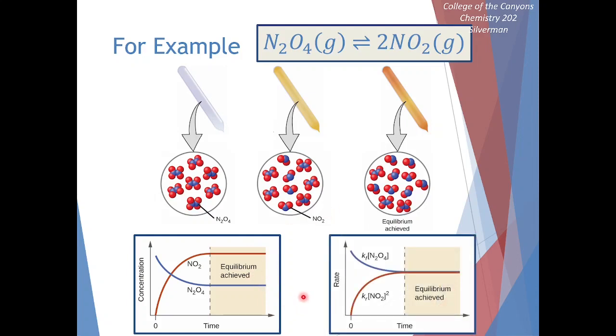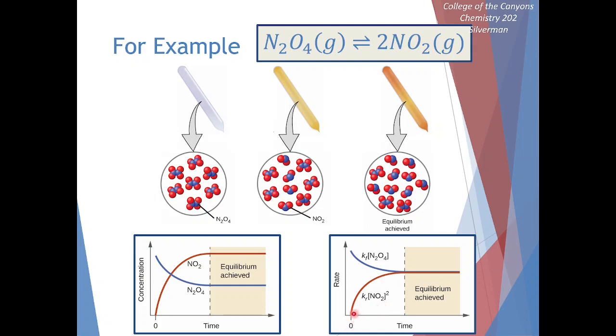We can also examine this in terms of reaction rates. For our forward reaction, maybe the reaction rate has a rate law of k times [N2O4]. Initially, we have a lot of that reactant, and so the rate is relatively high. As that reactant disappears, our rate will decrease. Alternatively, our product can go back into the reactant.